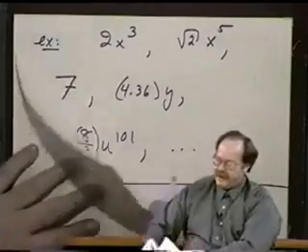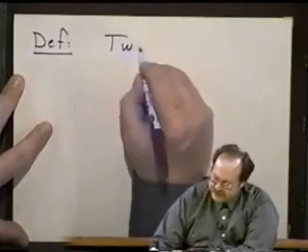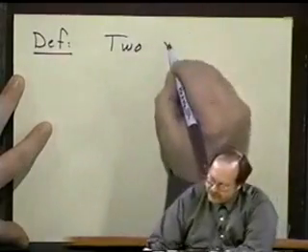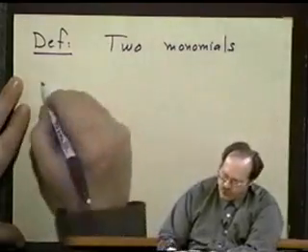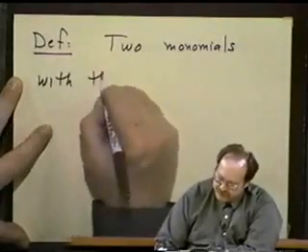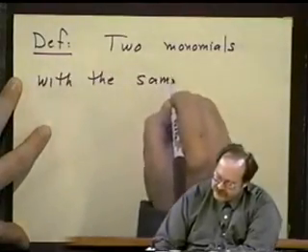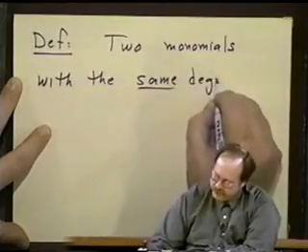Okay. Now that we have these new objects, we ask ourselves, what can we do with them? One of the things we can do is add them, and we'll get a notation, a terminology for that. 2 monomials with the same degree, got to have that. Remember what degree is?